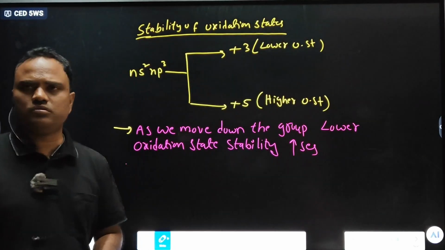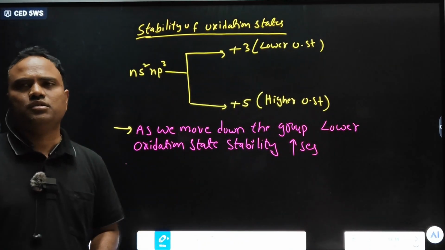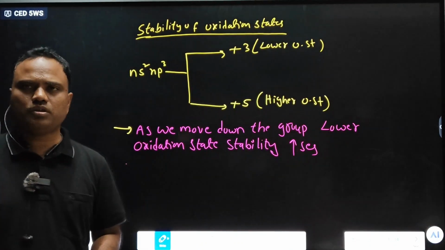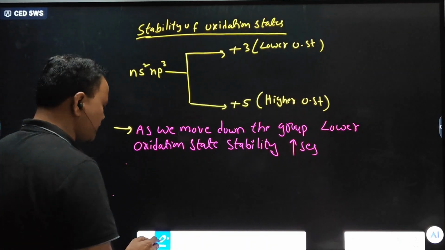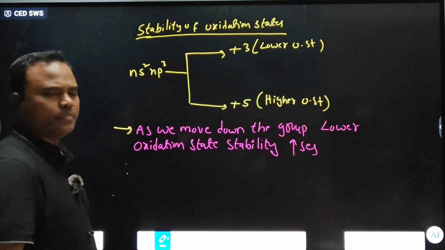We have a reason also. What is the meaning of this statement? I will give you everything and the application of this statement also. Okay, first write the statements, later we will discuss the meaning of this statement and why it is happening.